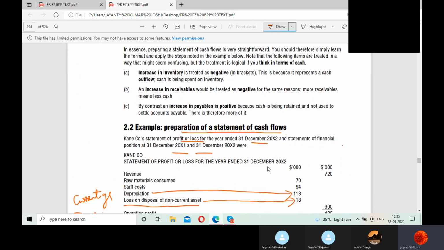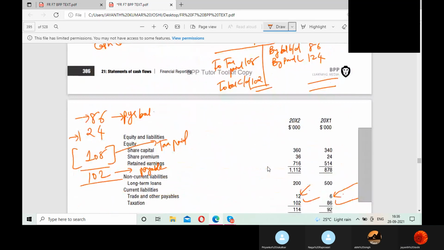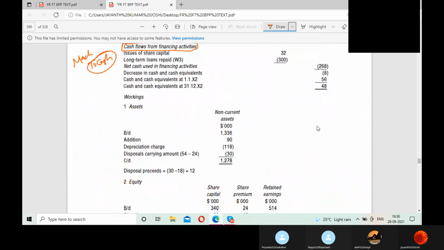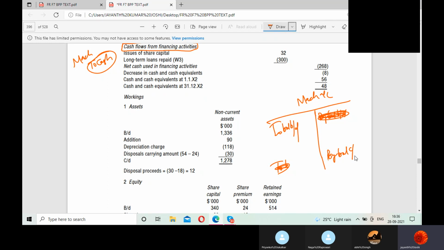Okay, let us write. So we will write it here. By balance brought down. This is our machinery account. To balance brought down, because it is an asset. Asset always shows debit balance. By balance carried down.